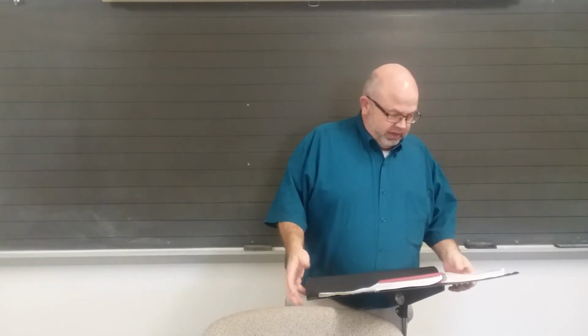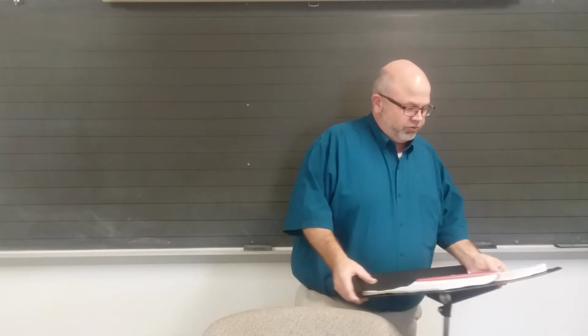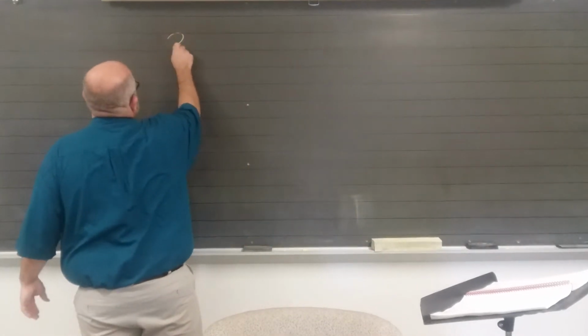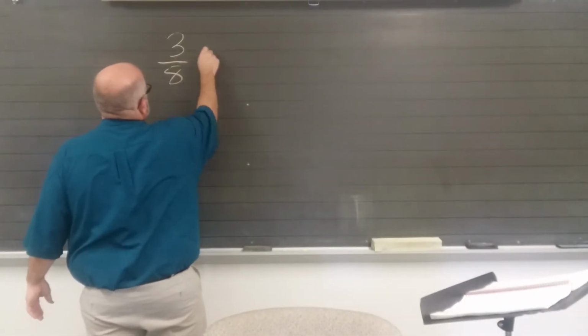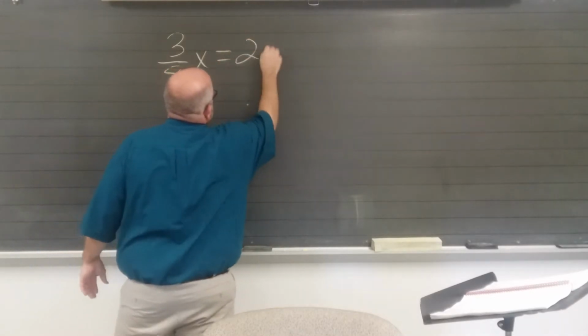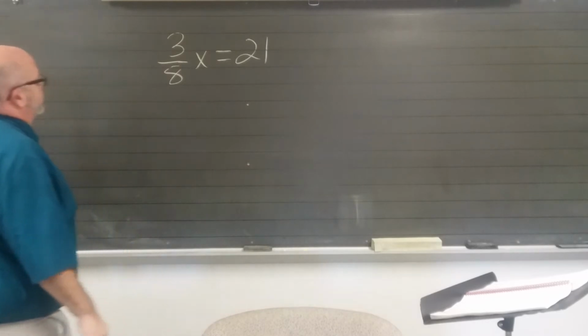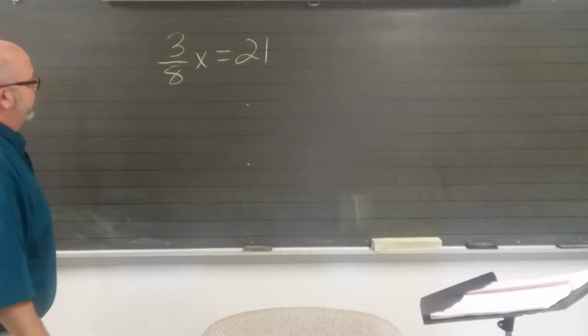Number five, let's do number five. This is getting rid of the fractions in these equations. 3/8x equals 21. All right, we want to get rid of the fraction. What are we doing to get rid of the fraction?